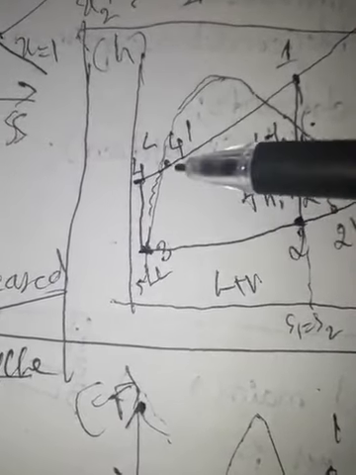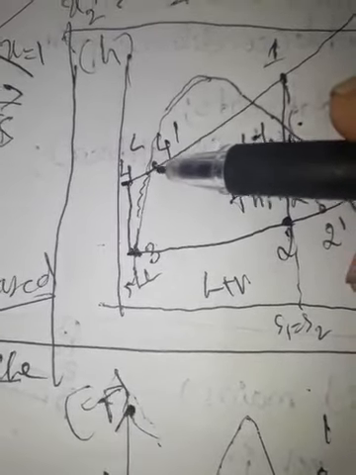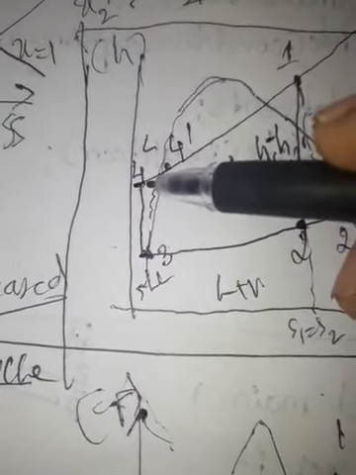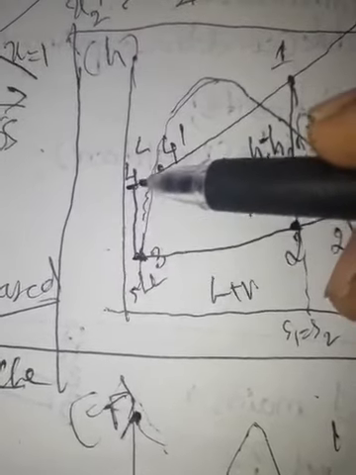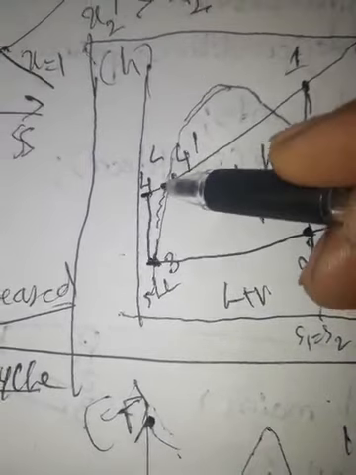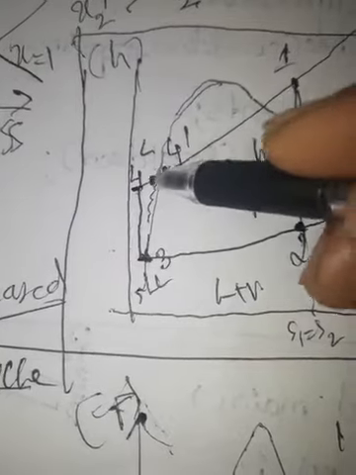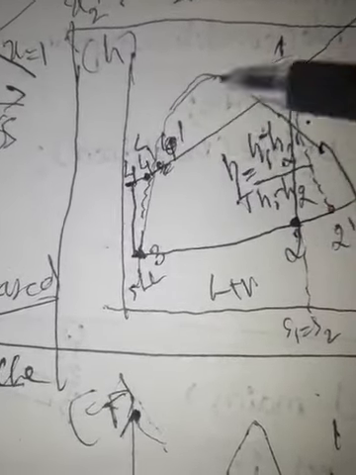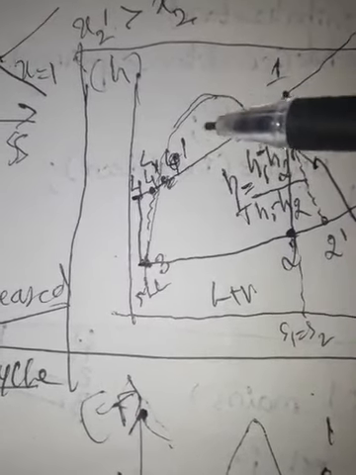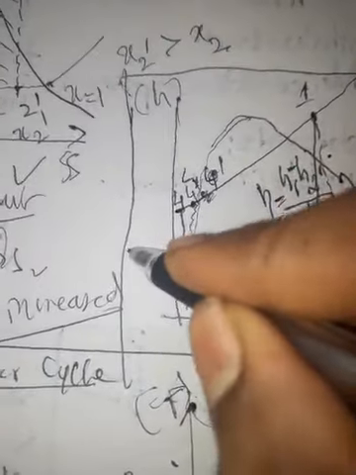Now H3 minus H4 dash is the actual enthalpy change in the pump, and HF4 minus HF3 is the ideal enthalpy change inside the pump. So 4 dash is here, I should not mark it there, that was wrong, this is 4 dash.